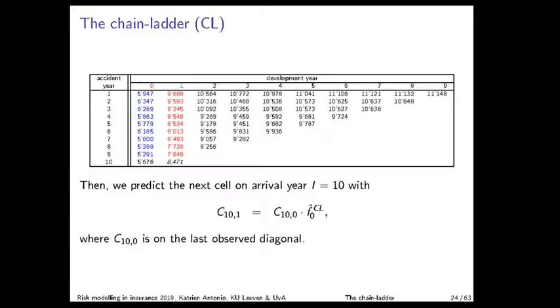Here too, you will multiply the most recently observed cumulative claim amount for occurrence period 10, which is the last row shown in the triangle. You look at development period 0, and you multiply this amount with the development factor f0. The resulting estimate is printed in italics in our triangle.